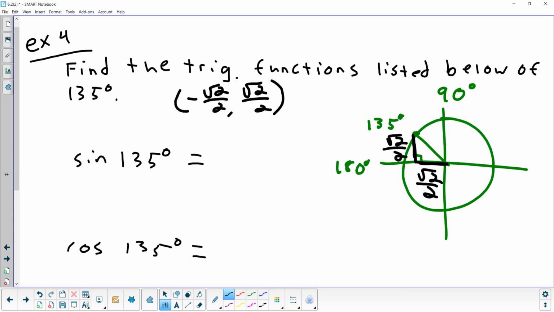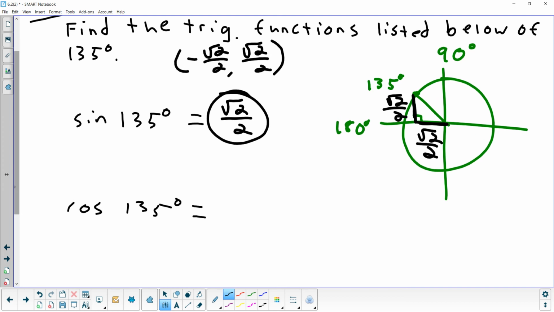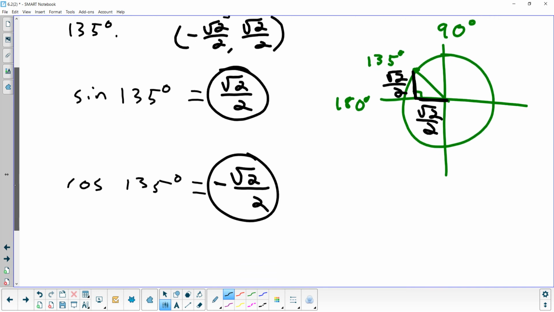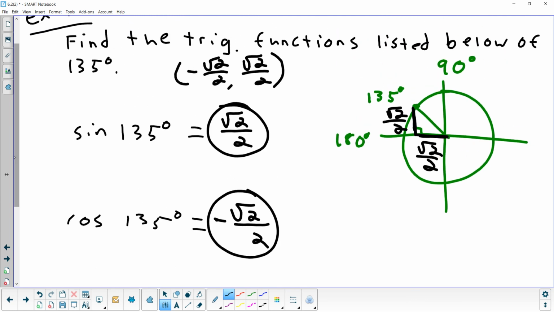Perfect. Now they just want the sine, the cosine, and the tangent. How about Bailey? What's my sine? Square root of 2 over 2. Yep, it's my y. Matt, what's my cosine? Negative square root of 2 over 2. Good, that's my x. And Abigail, what would be my tangent of 135 degrees?